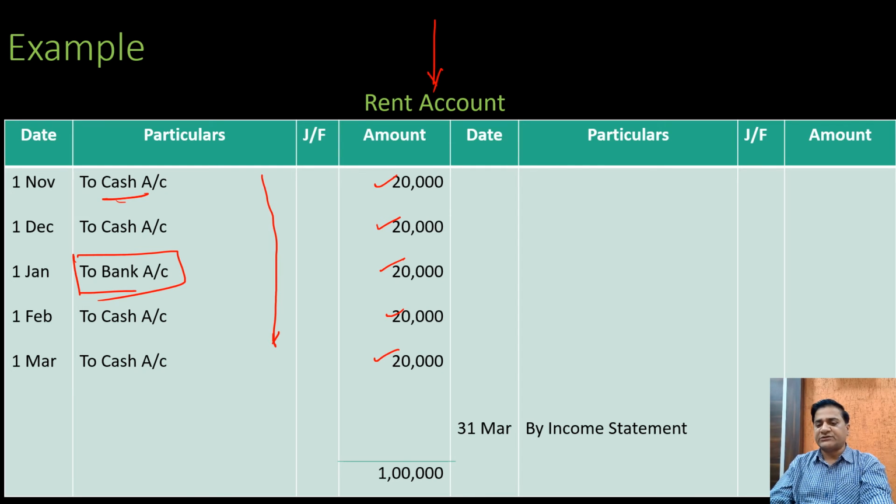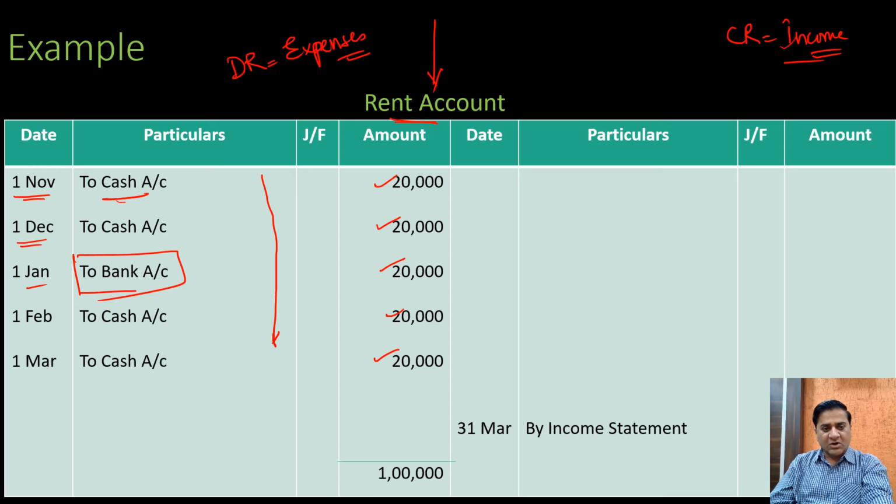If you remember the rules of debit and credit, the rule says for expenses you need to debit the expenses and you credit the incomes. We know that rent is an expense here. So whatever amount we have paid on different dates, all have been debited here. The total of this would be transferred to something called the profit and loss account or the income statement.